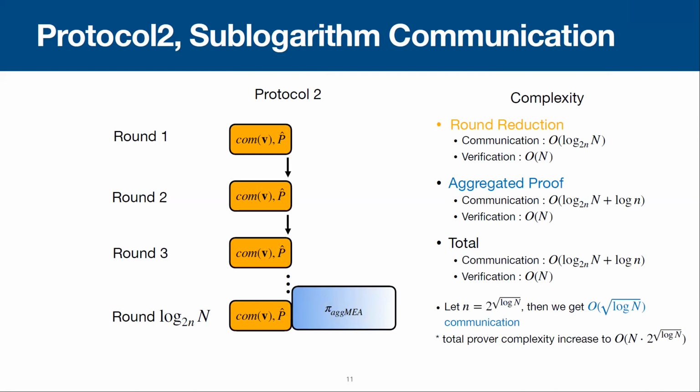Then the total communication cost is this, and let small n be 2 to the square root of log n. Then we get O(square root of log n) communication. But the total prover complexity is increased to O(large n times 2 to the square root of log n). This is a kind of trade-off between prover complexity and communication cost.